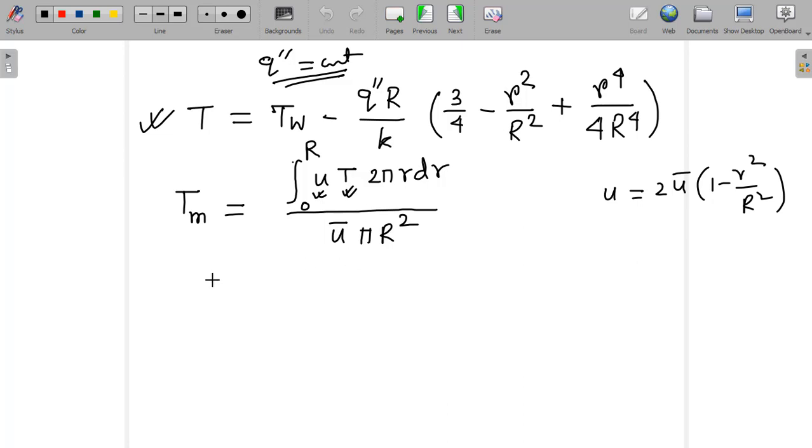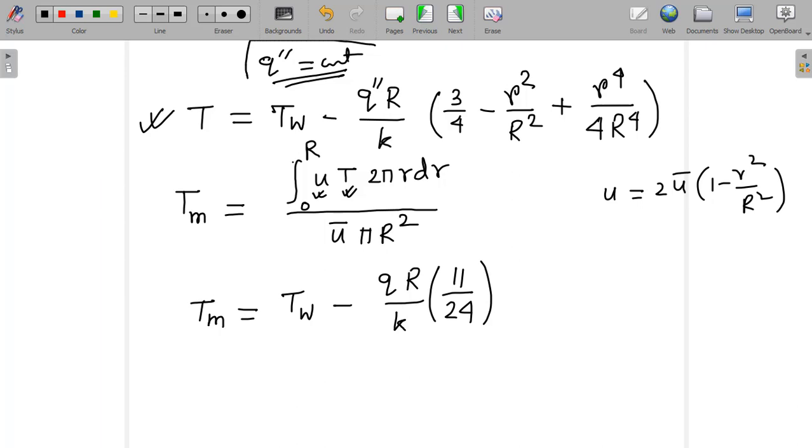If you put the value of u and this T from here, you will end up with Tm equal to T wall minus Q into R divided by K into 11 divided by 24. So for the constant heat flux condition, for case 1, this is the temperature profile and the bulk mean temperature expression.